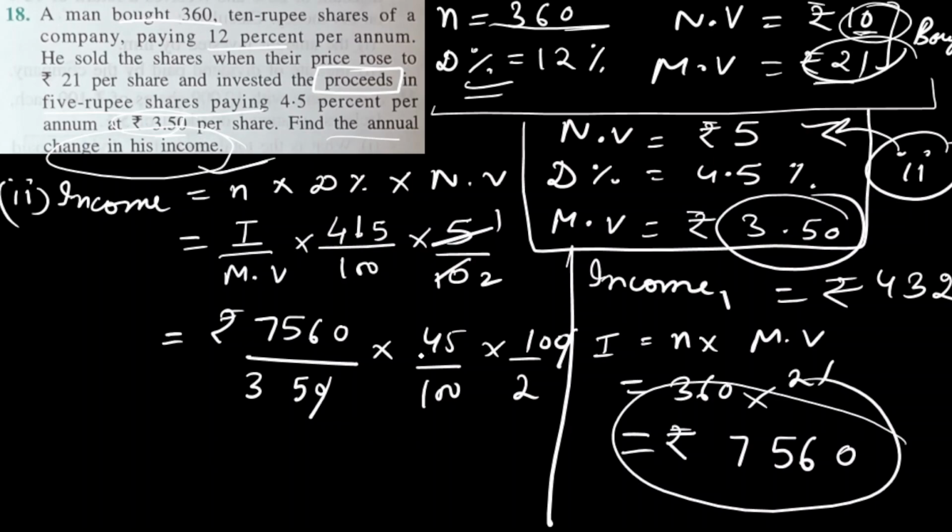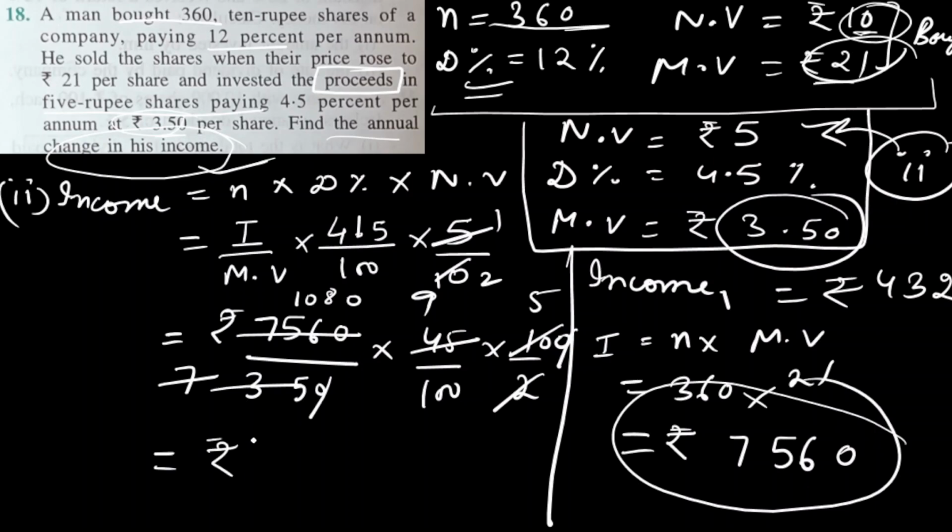Now we can do cancellation with 5: 5 into 9, 5 into 7. Then with 2: 2 into 1, 2 into 5. Now we can do it on 7 directly: 7 into 1 is 7, 7 into 8 is 56, 1080.